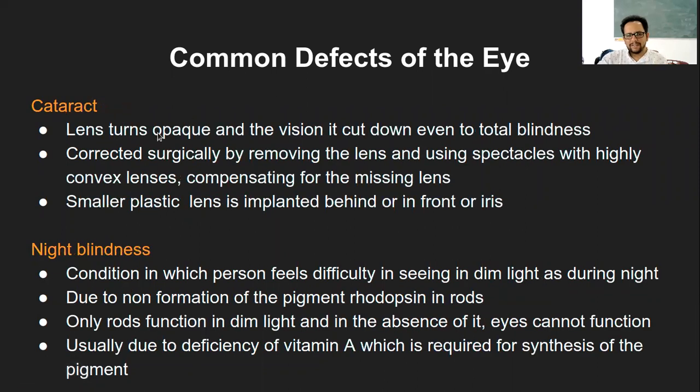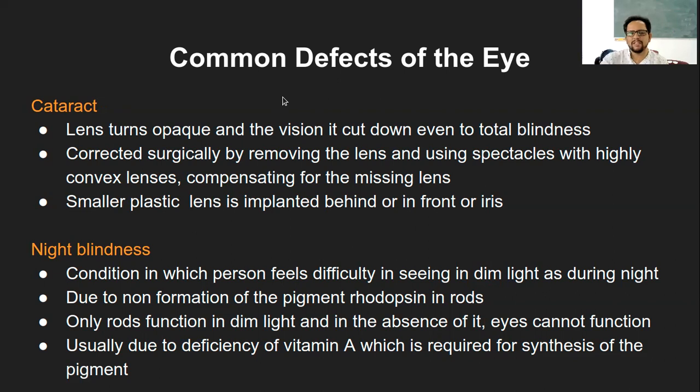Then cataract is another situation or defect in the eye where the lens will turn opaque, and this can happen due to either some growth of cells over it, or certain particles staying fixed within the eye structure.